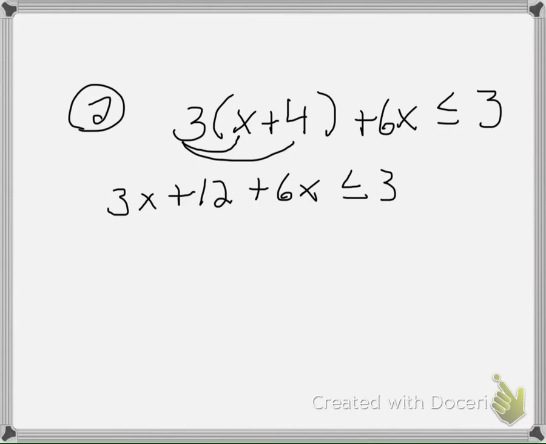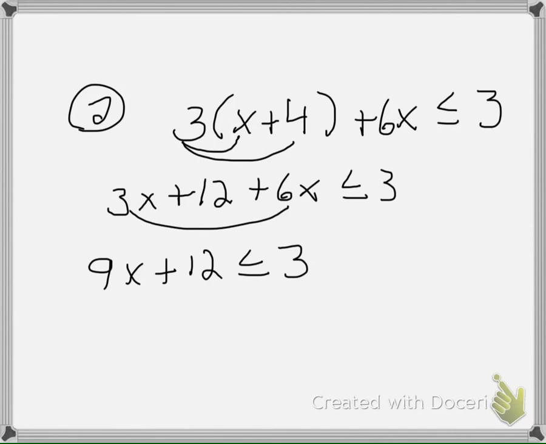Okay, now I'm looking for combining like terms. 3x plus 6x is 9x. Notice I work from the left to the right, and I always recopy everything as I go so I can see the full equation. It's all on one line and really easy for me to work with.